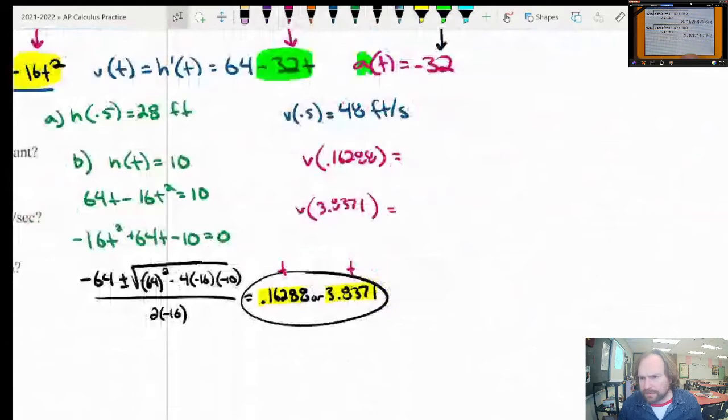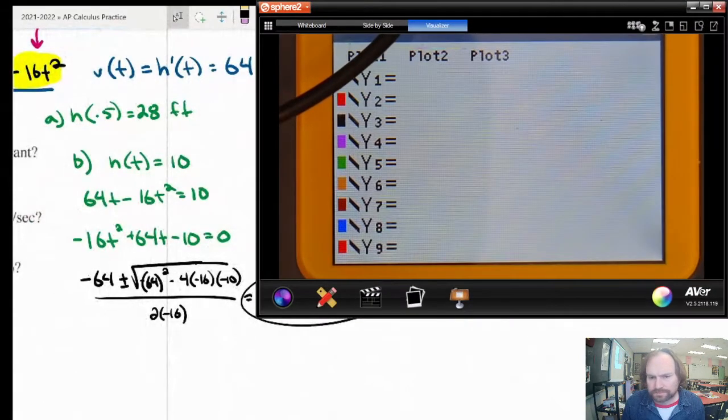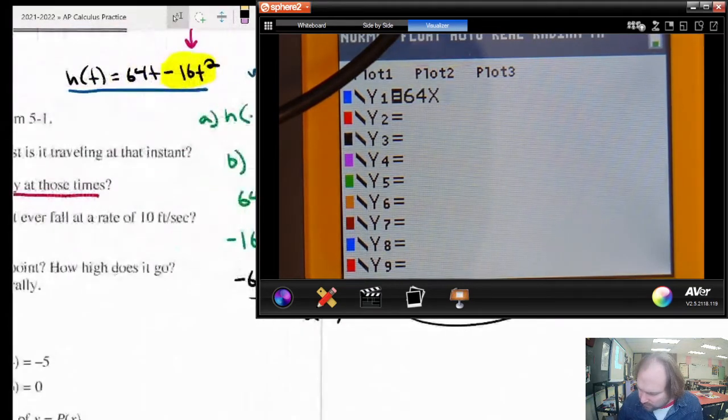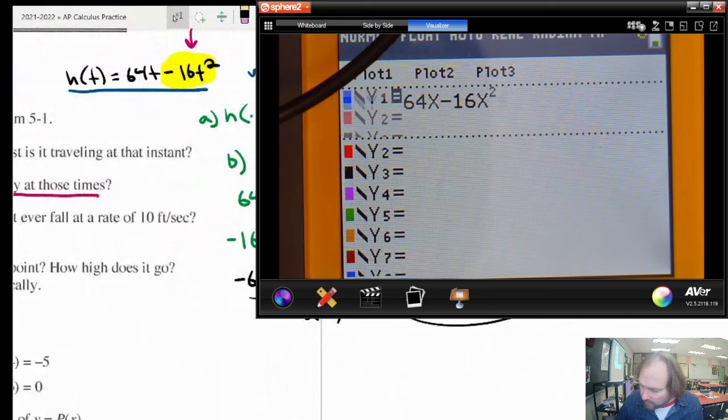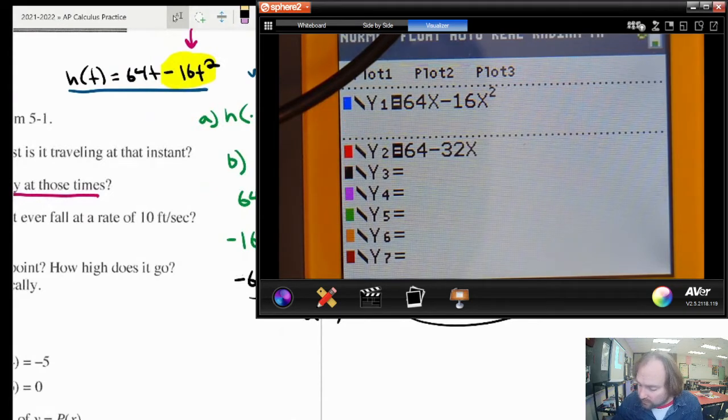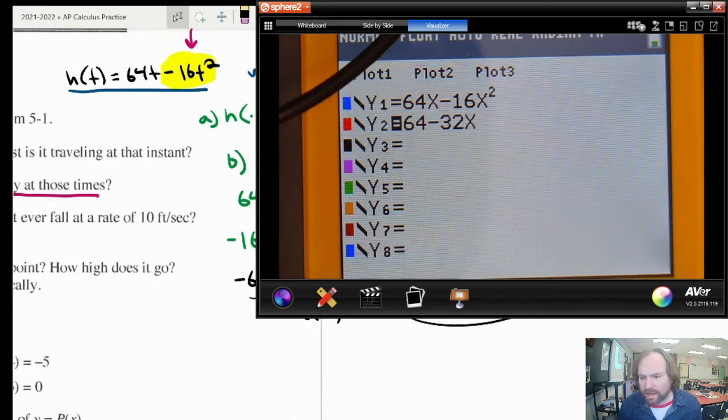This is a time to point out that you can cleverly use your calculator to do a lot of legwork for this problem. I'm just going to program into this equation our original height function and our velocity function right there. And I'm going to turn off the position function, because all I really care about right now is the velocity.